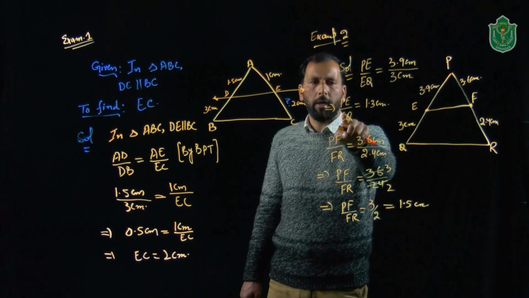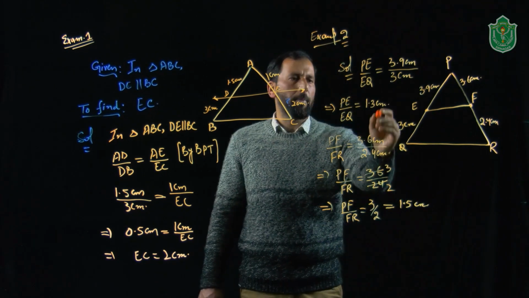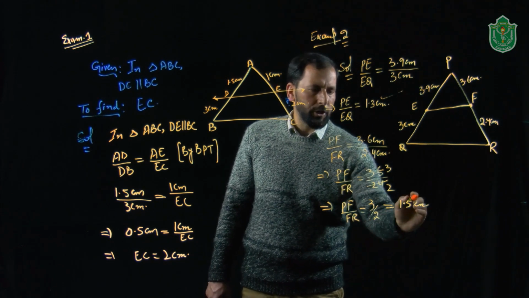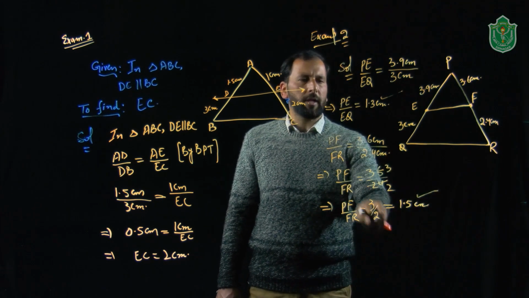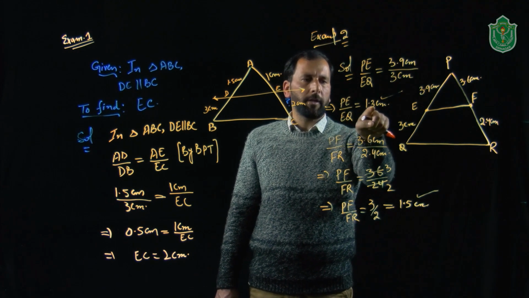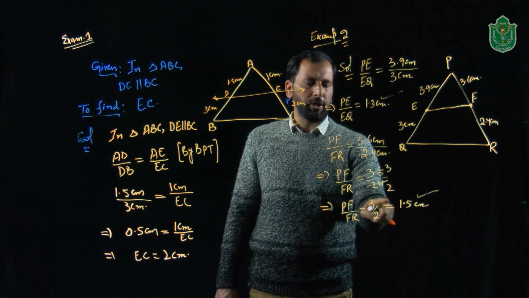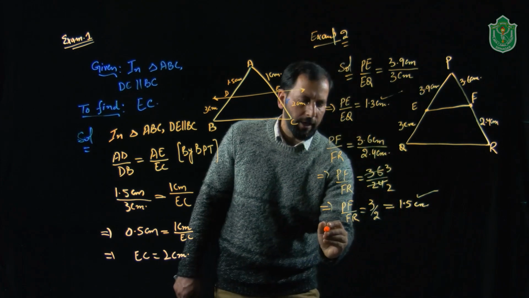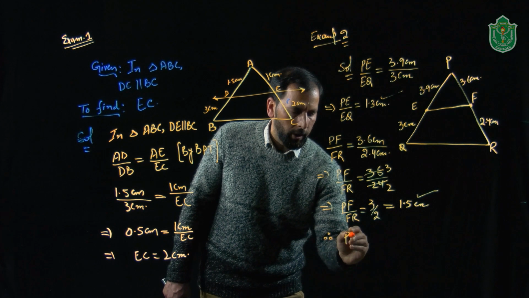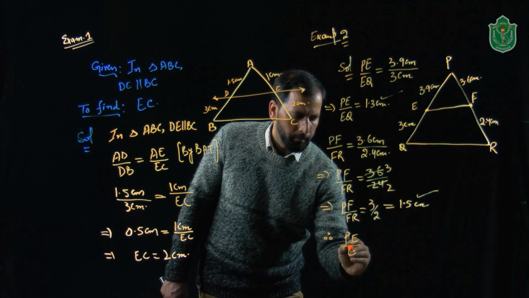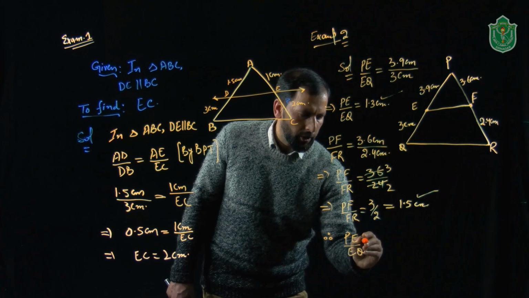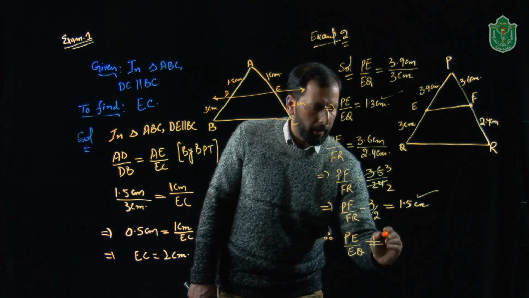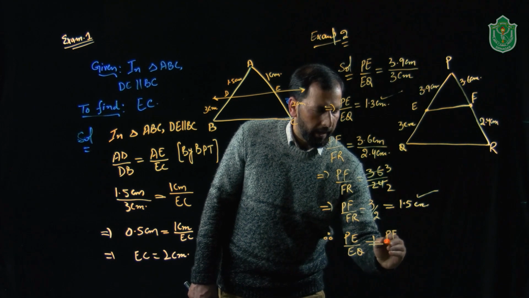Now look here, PE by EQ is equal to 1.3, and here PF by FR is equal to 1.5. They are definitely not equal to one another. So we can write here, therefore PE by EQ is not equal to PF by FR.